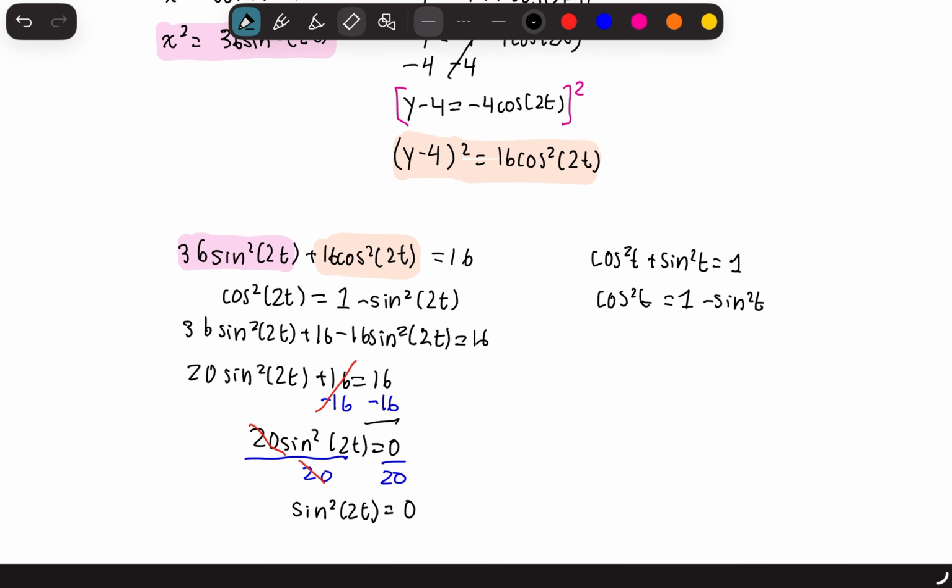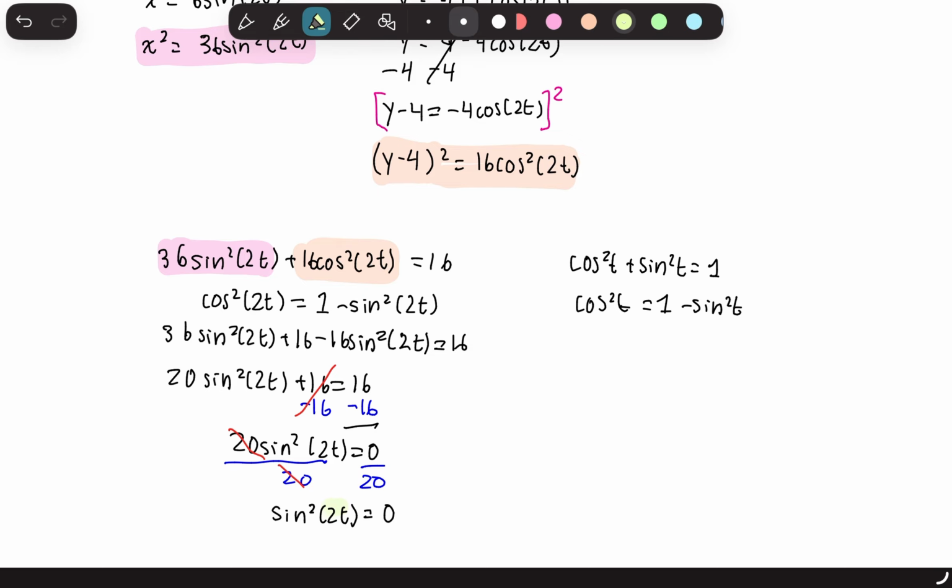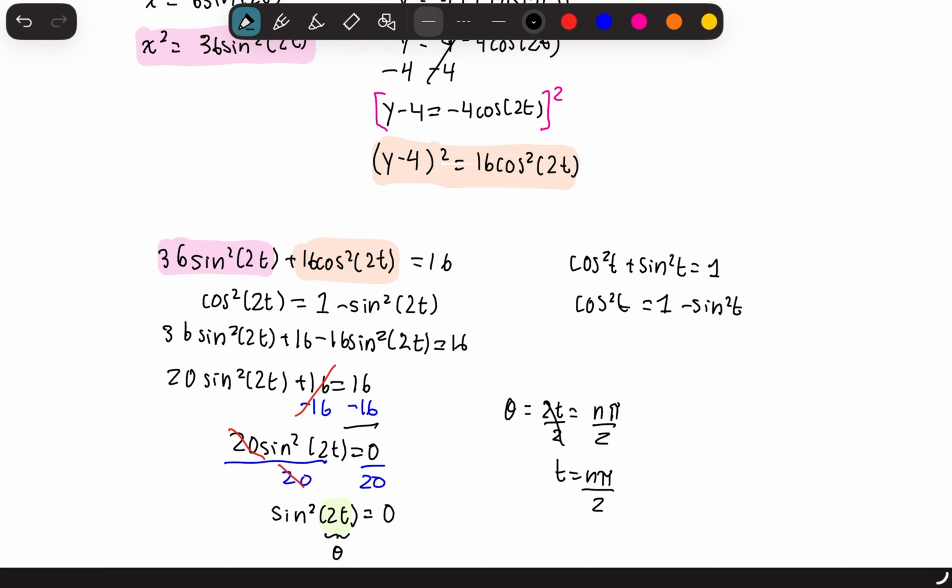So we are going to examine what our input is. This is equal to theta. Theta is equal to 2t, and this is equal to n pi. Therefore, if you solve for what t is equal to, t is equal to n pi divided by 2.